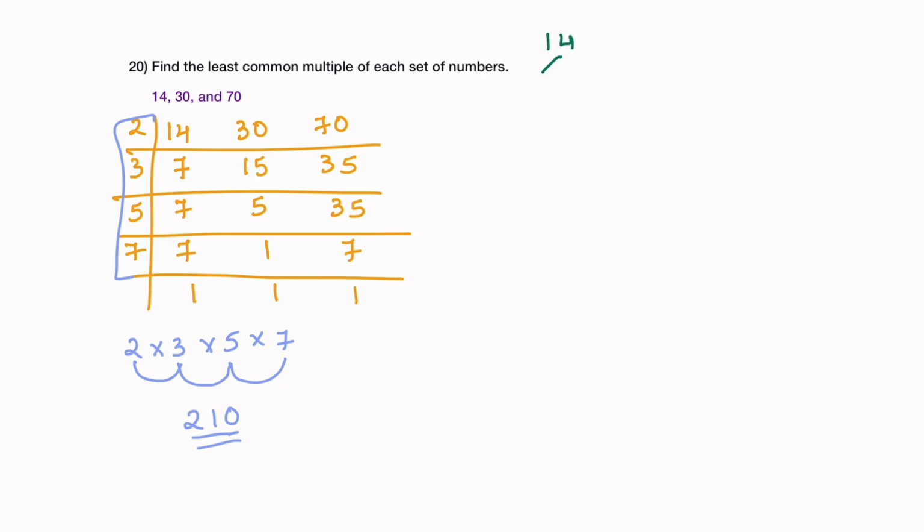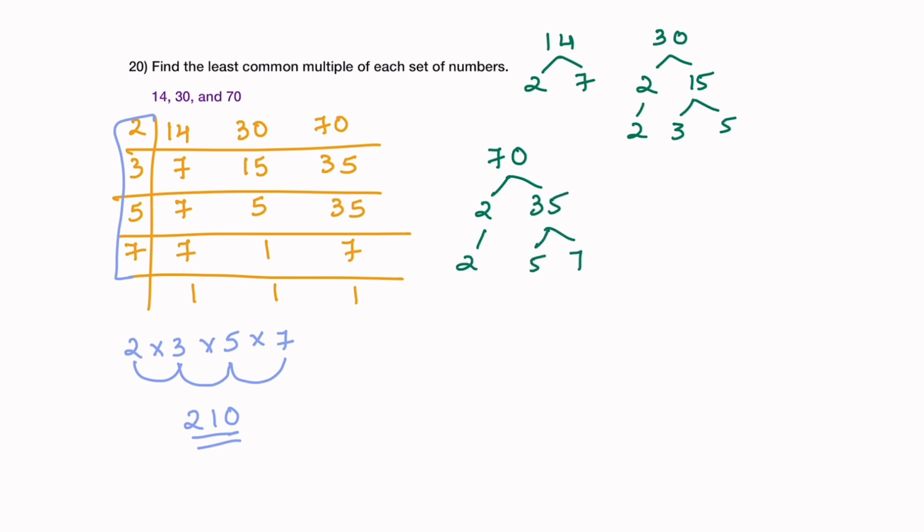14. So we say that's 2 times 7. That's it. Next is 30. So that's 2 times 15. That's 3 and 5. And this 2 comes down, right? In the last, 70 here, that's 2 times 35. 2 comes down and 35 is 5 times 7.